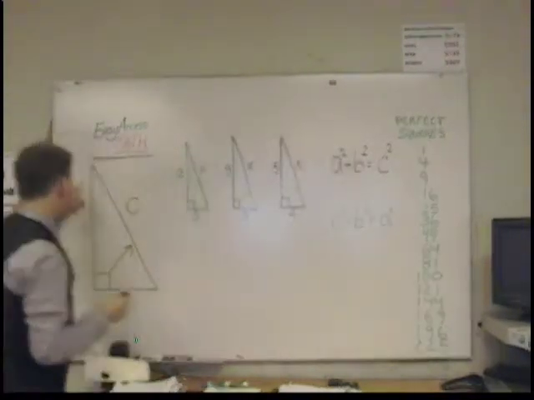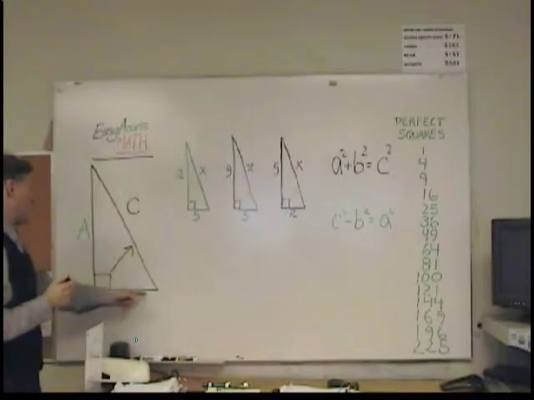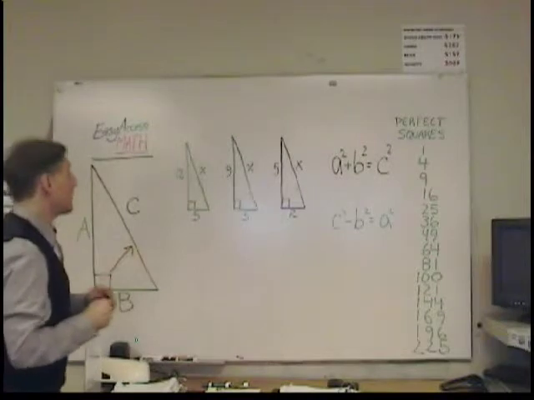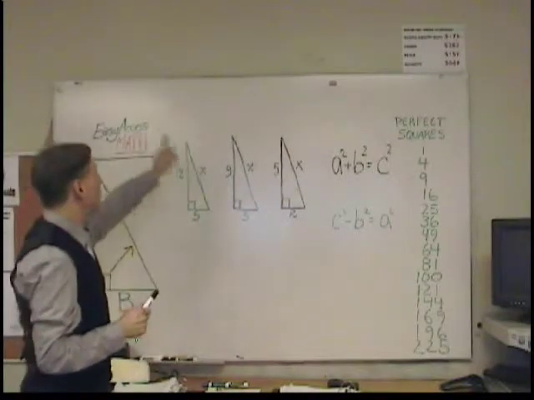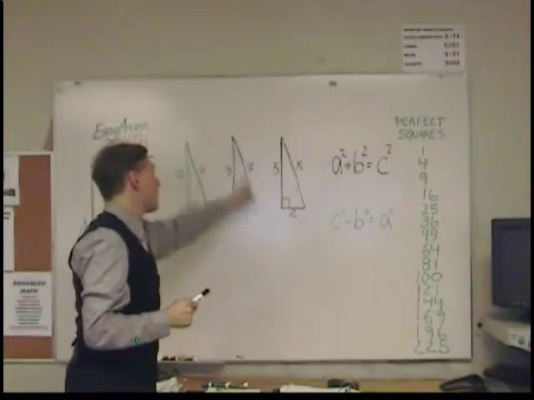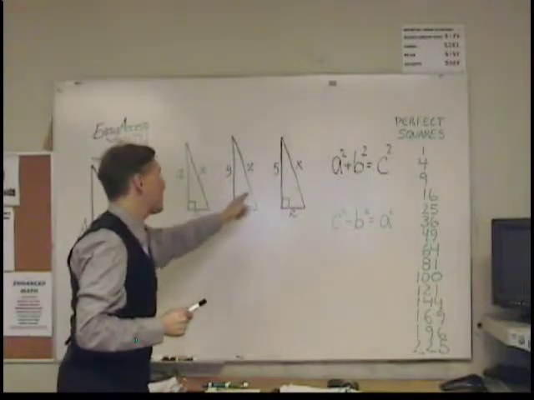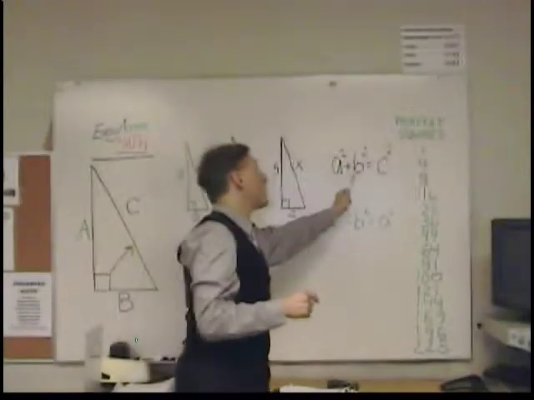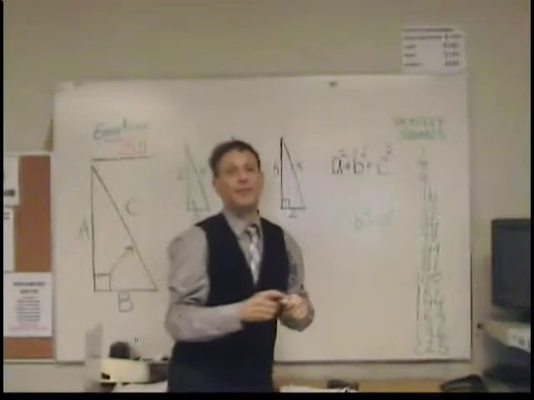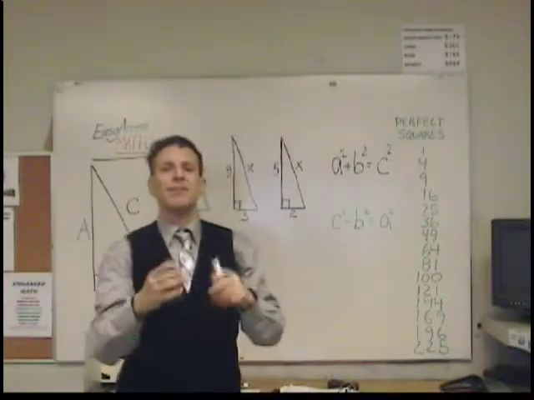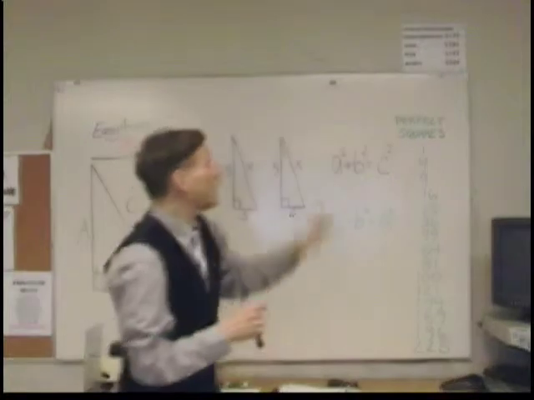You could also be missing one of the two straight sides. Those are the legs. If you're missing the hypotenuse, as I will be with these three right triangles, I'm missing the longest side, the side opposite the right angle, then I do A squared plus B squared equals C squared. That's the Pythagorean theorem, but don't worry about the name, just remember how to use it.